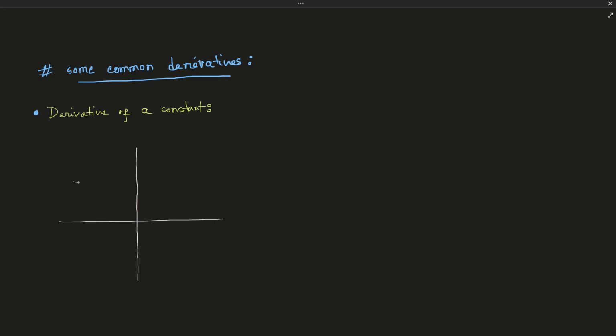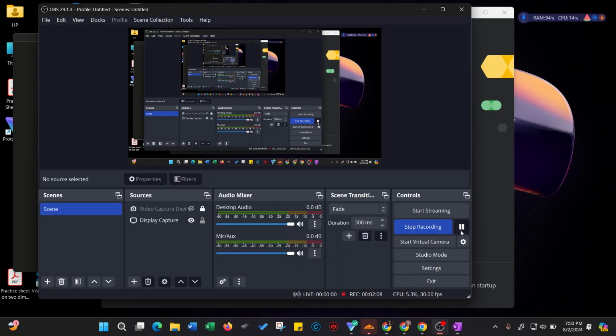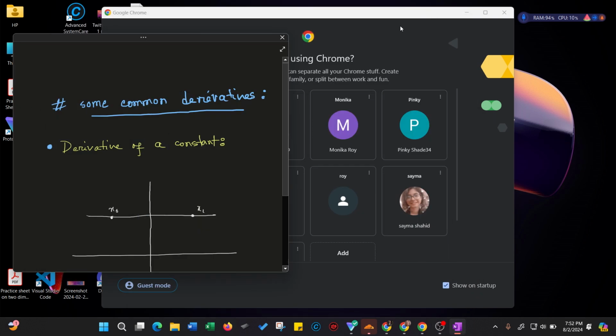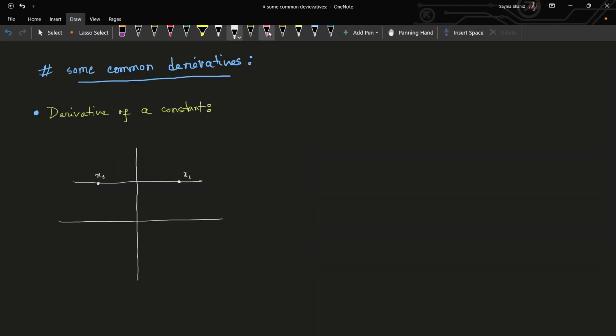Suppose this is our line here, and this is our x naught and this is our x. Let's draw a tangent line.